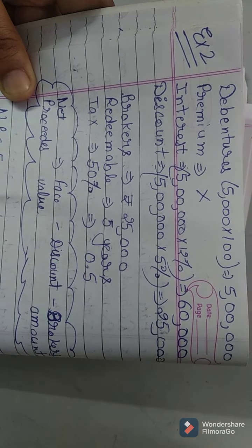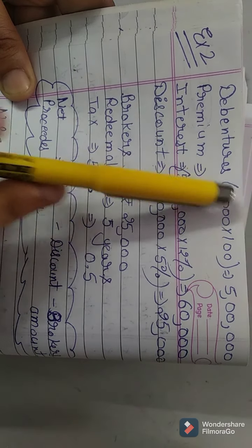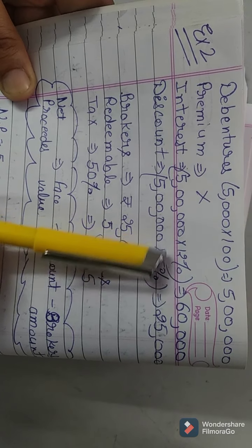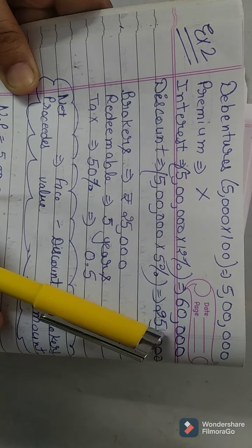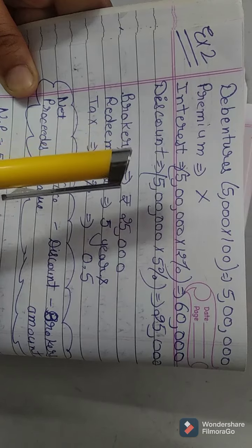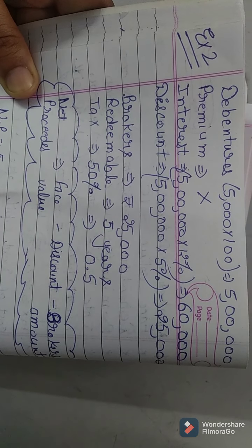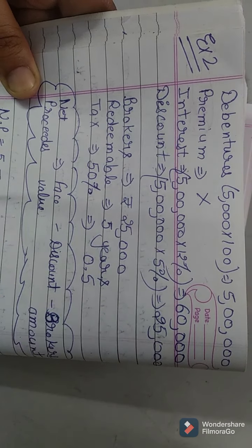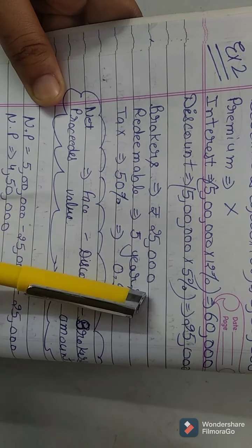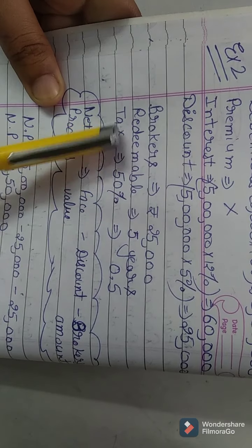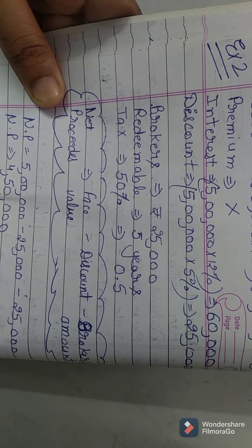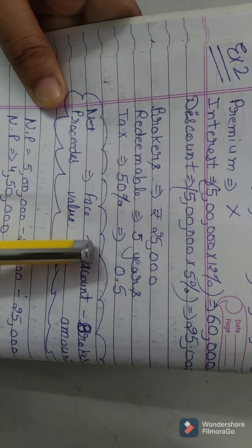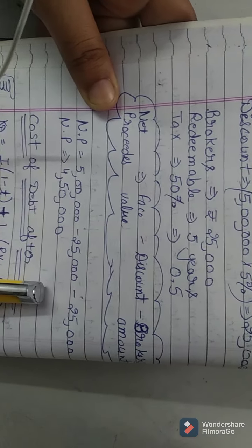Interest is always calculated on the amount of debentures, so 5 lakh multiplied by 12% gives interest of 60,000. Discount is calculated on the amount of debenture, 5 lakh into 5%, which is 25,000. Brokerage is a type of expense, which is 25,000. Redeemable means debentures are redeemed after 5 years, and the tax is 0.5.